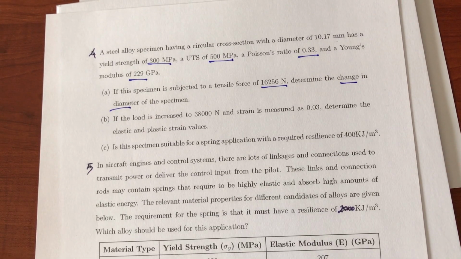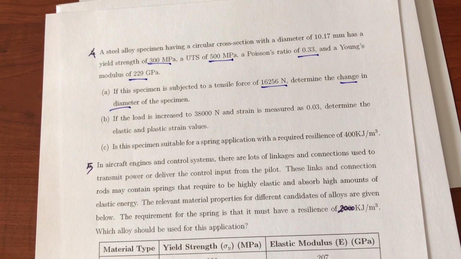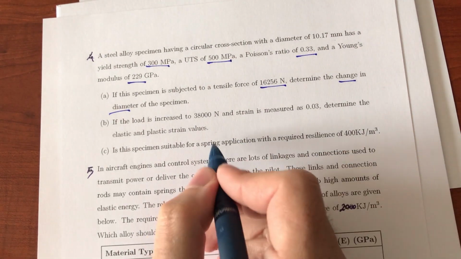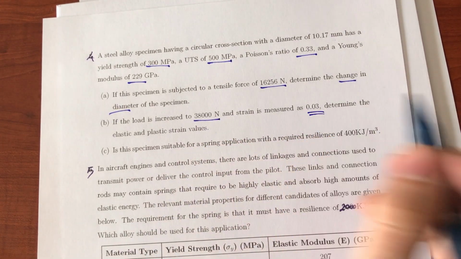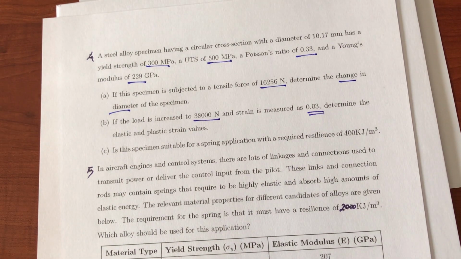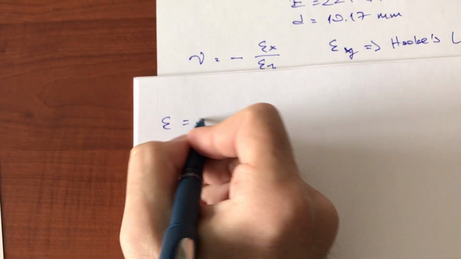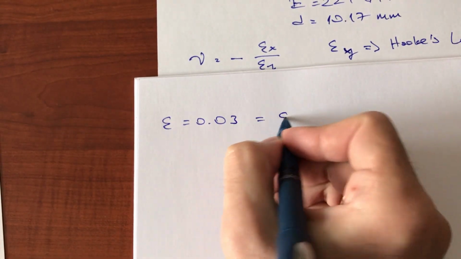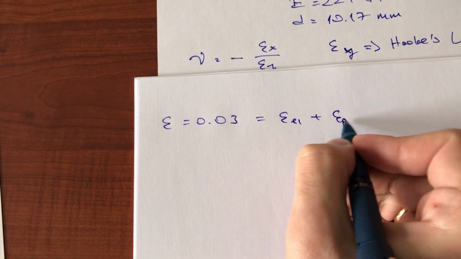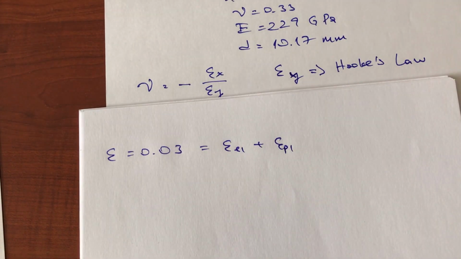In the second part, it is asked that if we increase the load to 38,000 newtons and the strain is measured as 0.03, determine the elastic and plastic strain values. So in this part, the total strain is given, and we need to separate these.